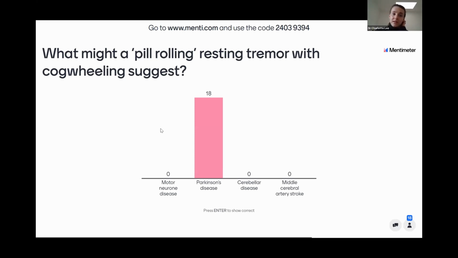But the classical pill rolling tremor and cogwheeling, increase in tone, will suggest that it could be Parkinson's disease. On their gait, you might also notice a shuffling or festinating gait with bradykinesia on some of the foot tap tests and things.